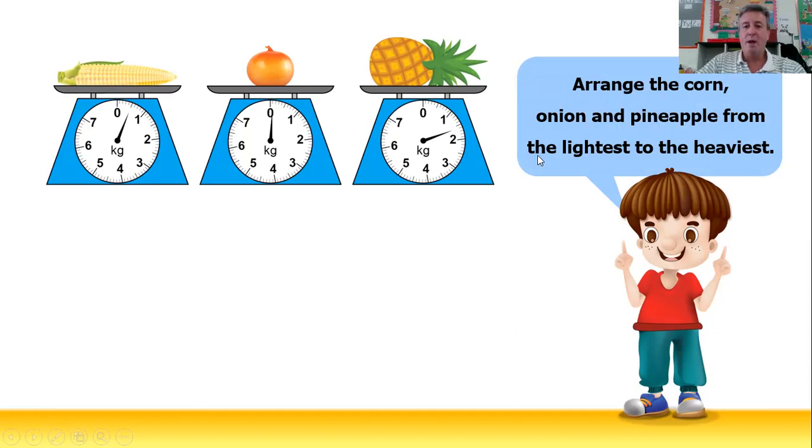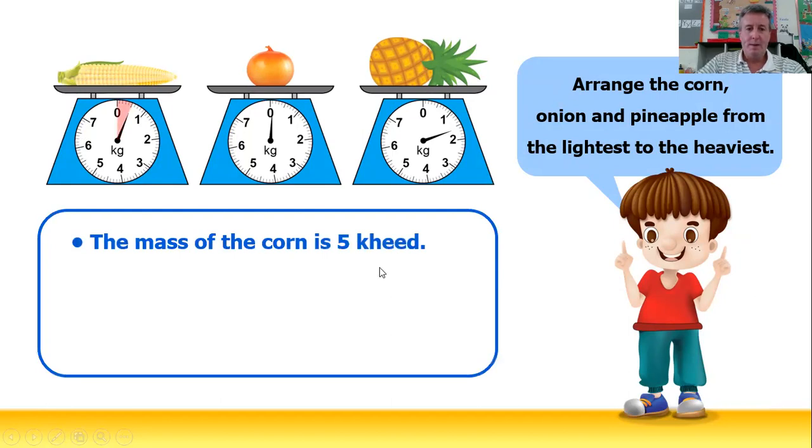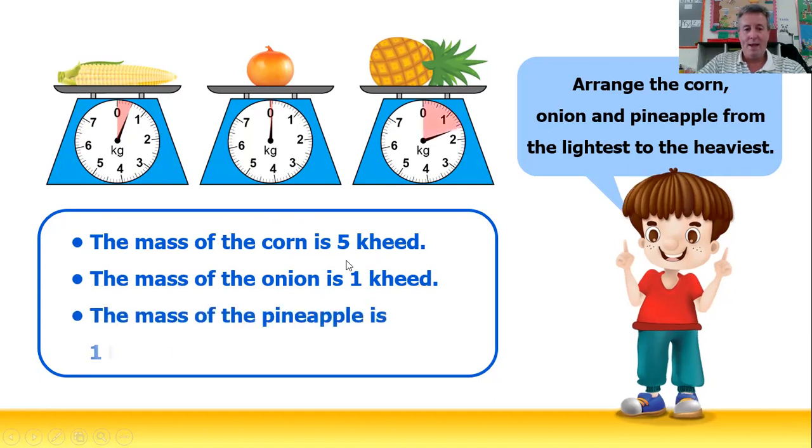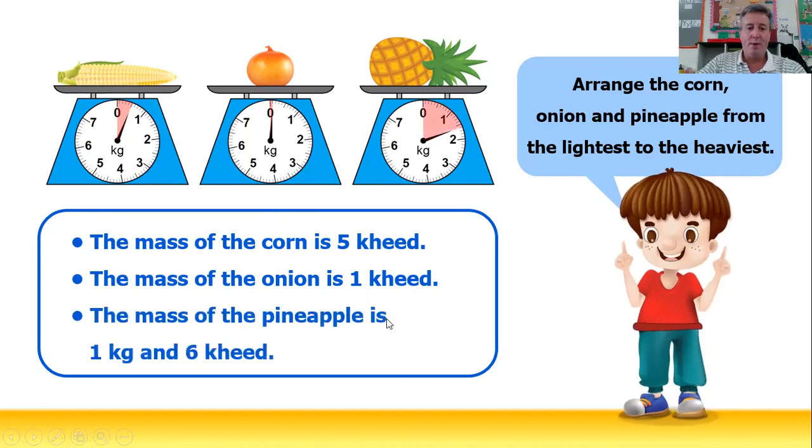Pineapple. From the lightest, so we're going to put the lightest on our left over to the heaviest on our right. The mass of the corn is 5 kg. The mass of the onion is just 1 kg. And the mass of the pineapple is 1 kilogram and 6 kg.